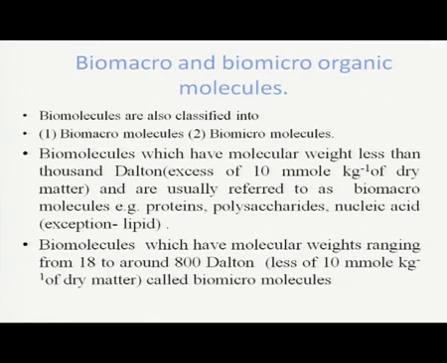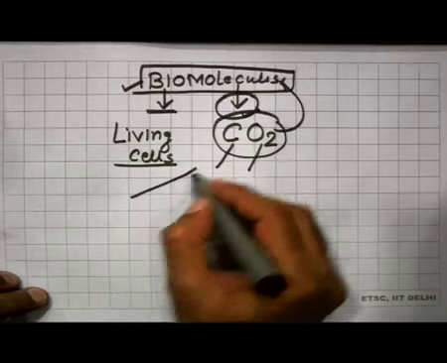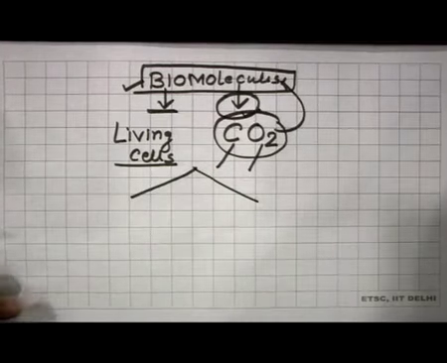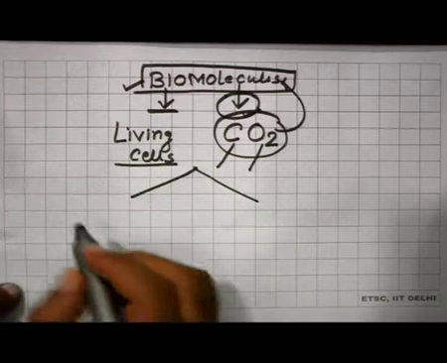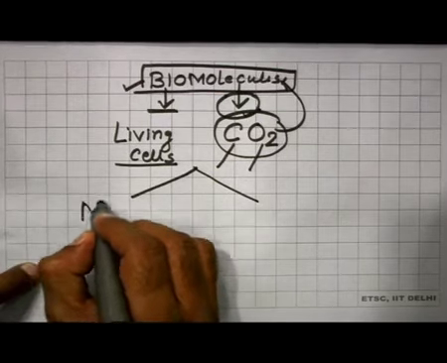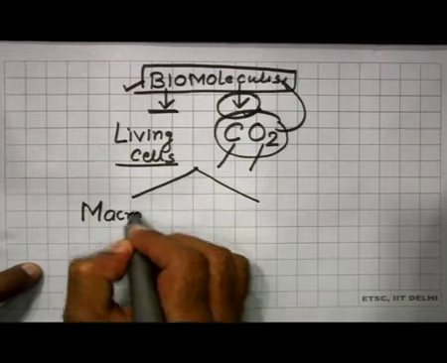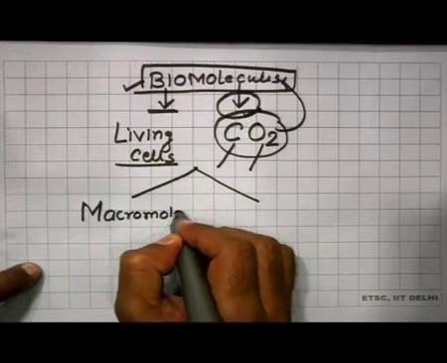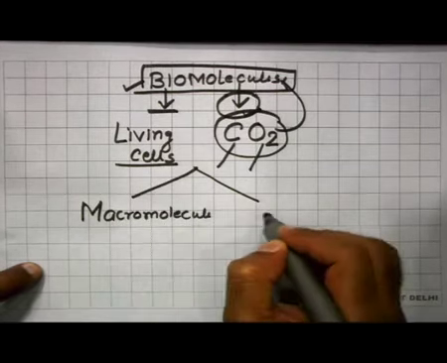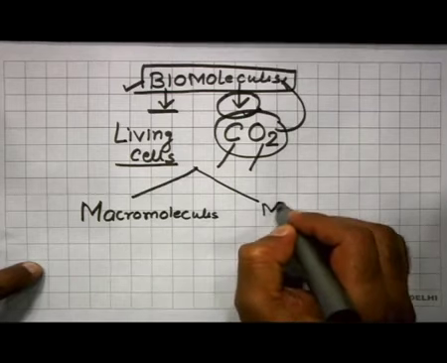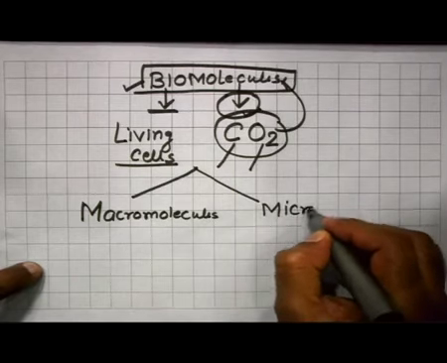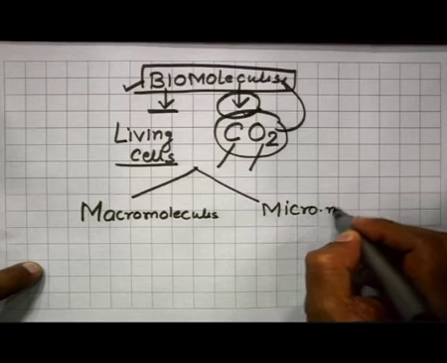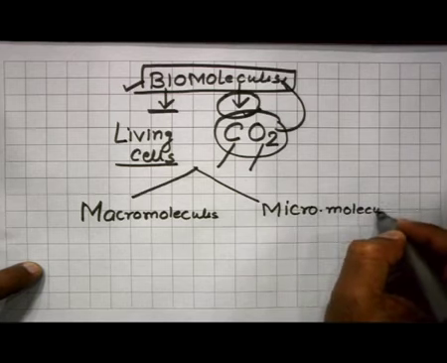Now, these biomolecules have been classified into two main groups on the basis of availability in the cell. These biomolecules are known as macromolecules and micromolecules.